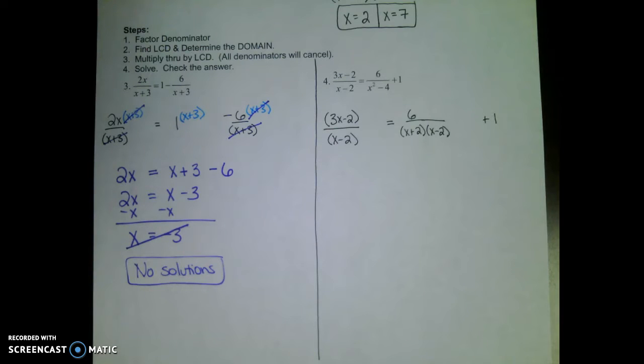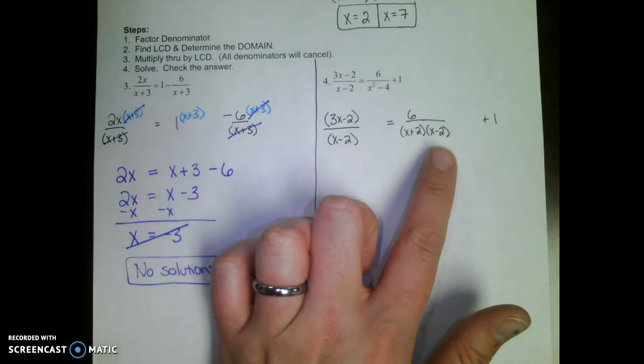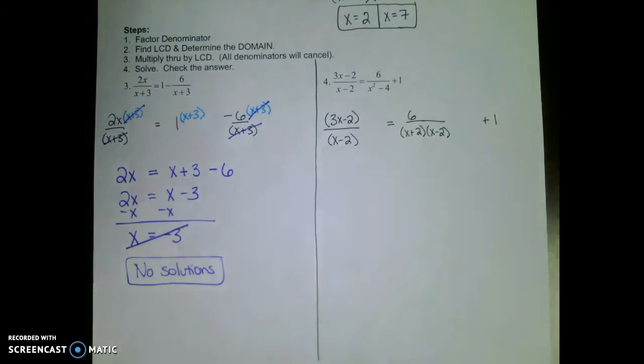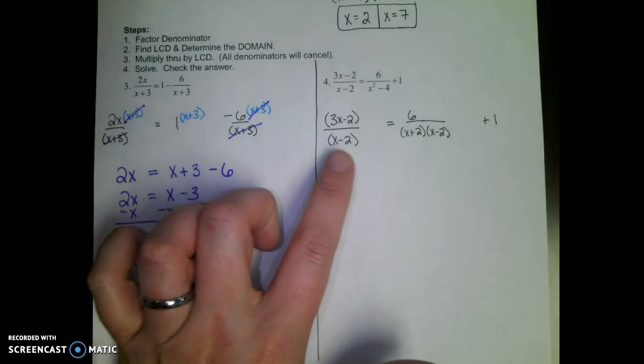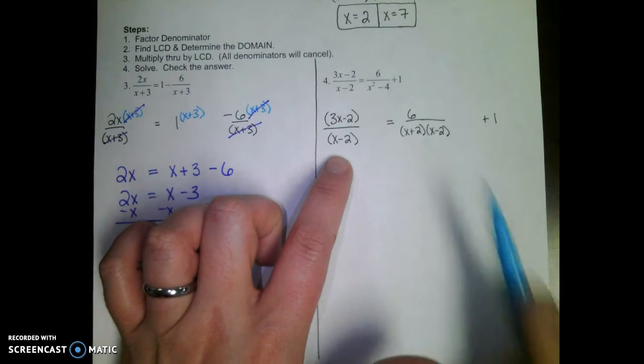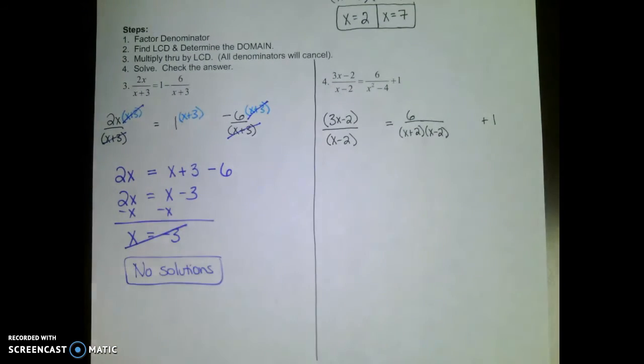Okay. What denominators do you see? X minus 2, x plus 2, and another x minus 2. You don't want to use any repeated denominators. So what distinct denominators do you see, or what factors do you see in the denominators? We see an x minus 2. We also see an x plus 2.